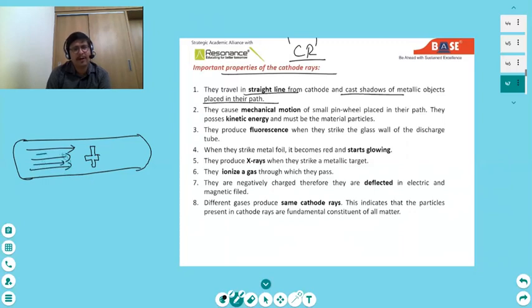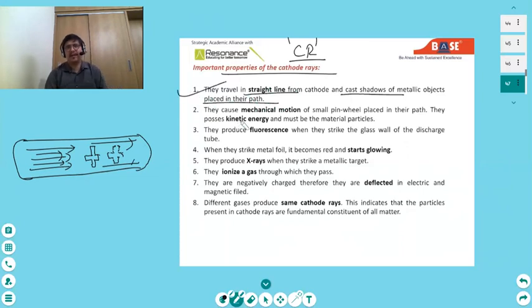When cathode rays pass through this, a shadow is seen, and everywhere else the cathode ray is passing. This proves that cathode rays move in a straight line.